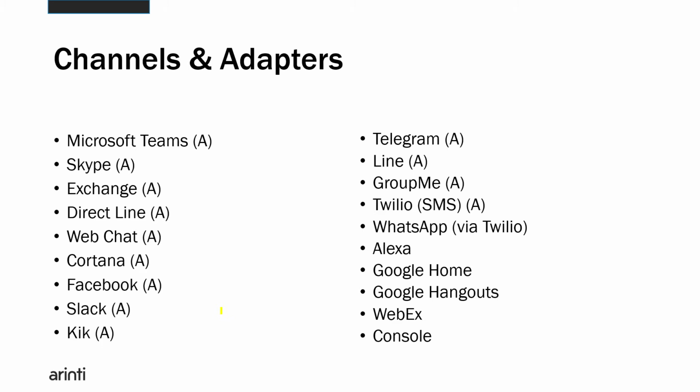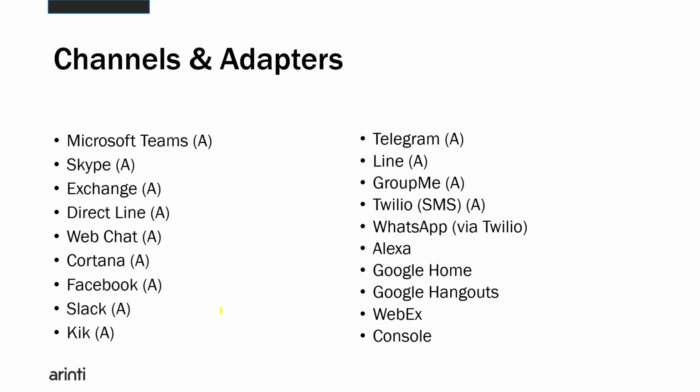Just by activating that, and for certain channels you will need to do some extra things, like for Facebook and so on. You need to get extra authorization from Facebook to be able to connect. You need to check your chatbot and so on. But otherwise, it's just a click and it's active.